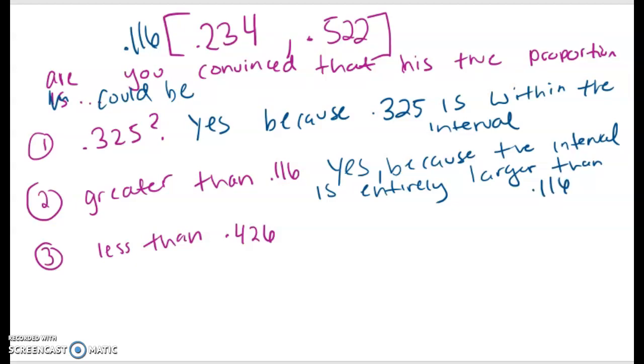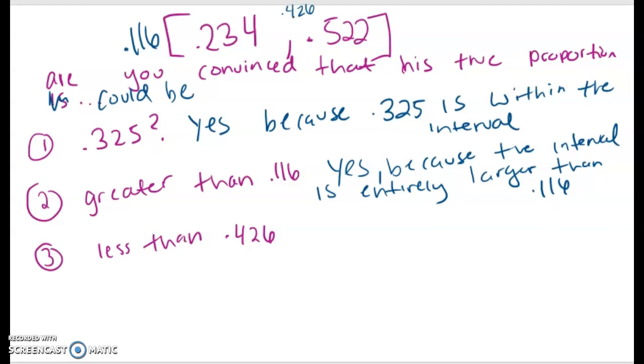So here's kind of the tricky one. Are we convinced that his true proportion could be less than 0.426? So 0.426 would fall within the interval, between the lower boundary and the upper boundary. So am I convinced that his true proportion is less than that value?